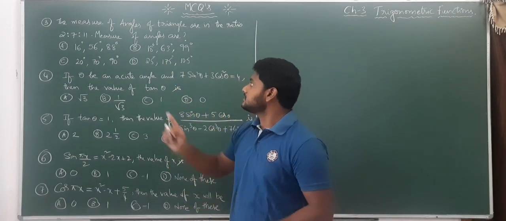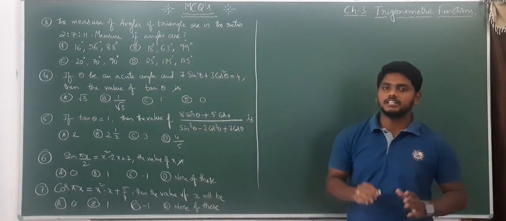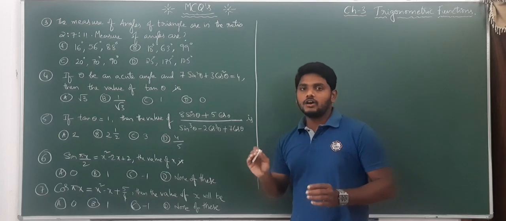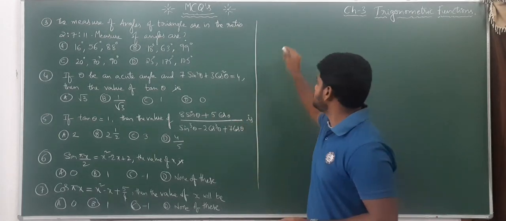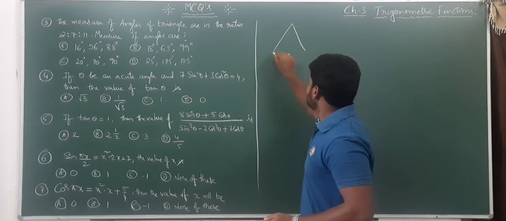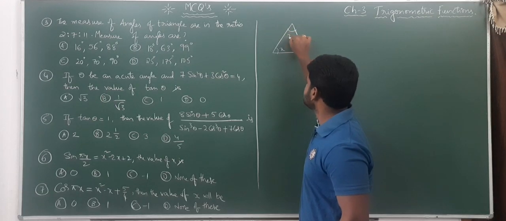See, the first one is: the measure of angles of a triangle are in the ratio 2:7:11. So for example, you consider this angle as x, this angle as y, and this angle as z.